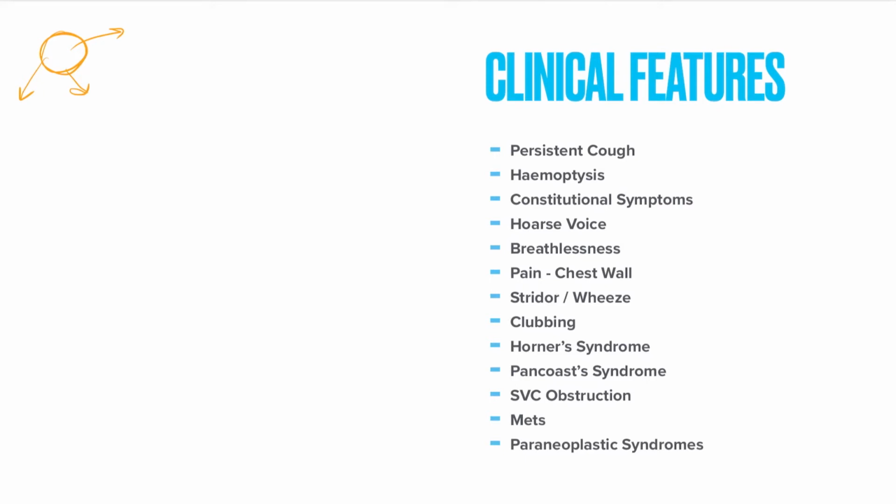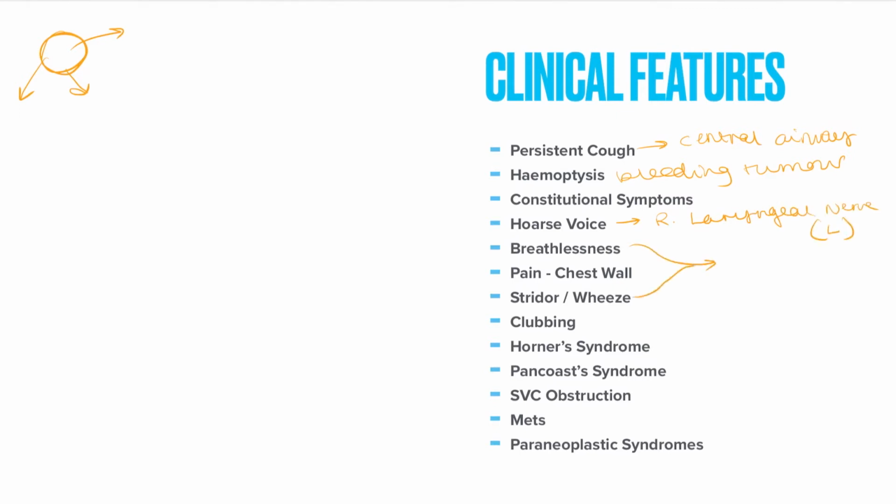This could be a persistent cough, and that's caused by involvement of central airways. You've got hemoptysis, and that's coughing up blood that's come from the tumour. You've got a hoarse voice, and that's due to invasion of the recurrent laryngeal nerve, typically on the left-hand side.